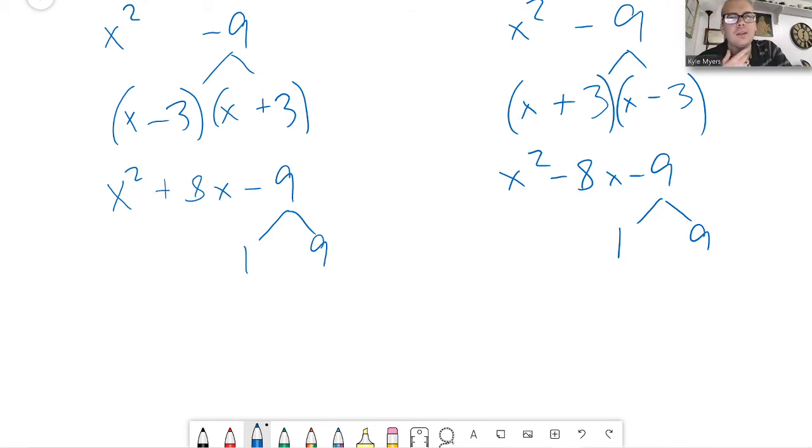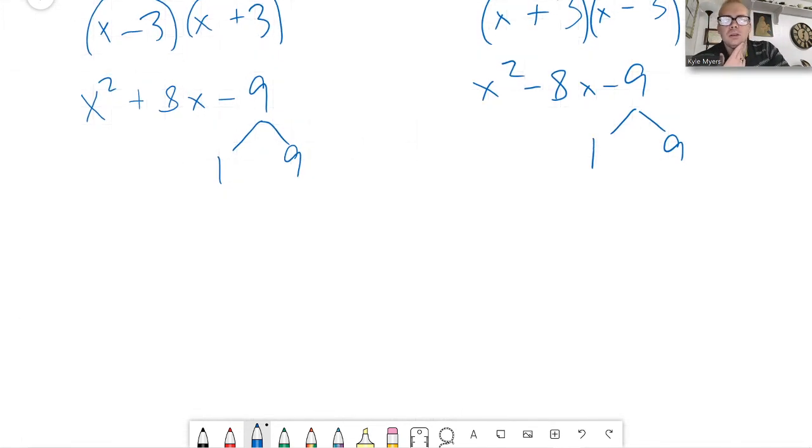I got all excited that it was a square number. But there are at least 2 other terms here that we can do. 9 divides by 1 and 9, and of course 3 and 3. So we have minus plus. And here we have plus and minus.